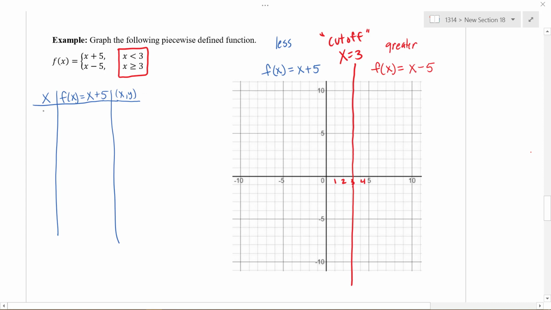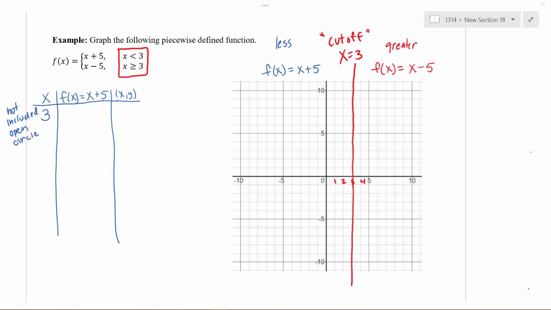I'm going to start with an x value of 3. Remember that 3 is that cutoff x value. We're going to include it in both tables. But since 3 is not officially included in that top equation, we're going to put an open circle. So when we plot this point, we're going to plot it as an open circle.